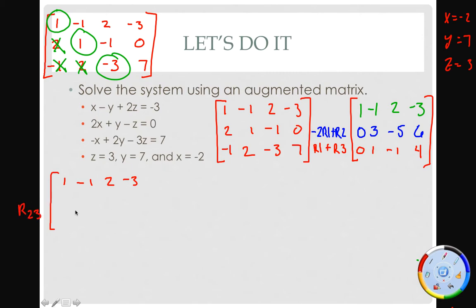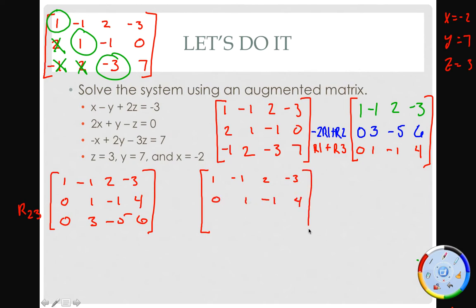You can say a swap here. 0, 1, -1, 4. 0, 3, -5, and 6. Now, you notice I put back in these 2 rows because these 2 rows are actually what I want.